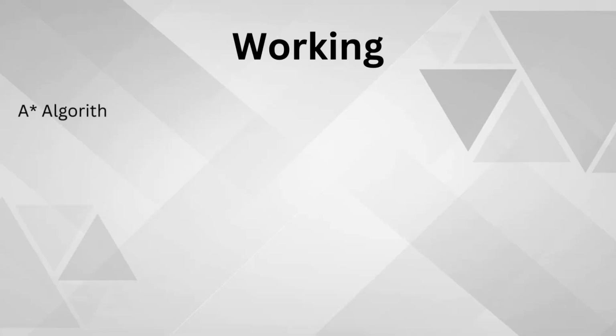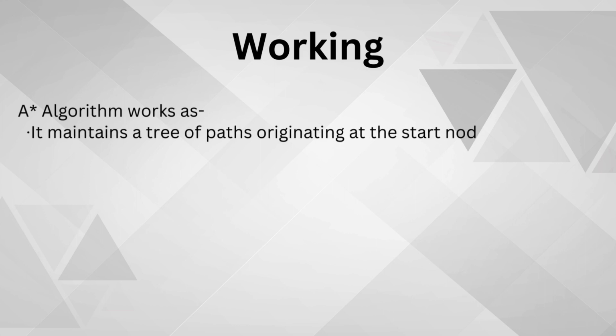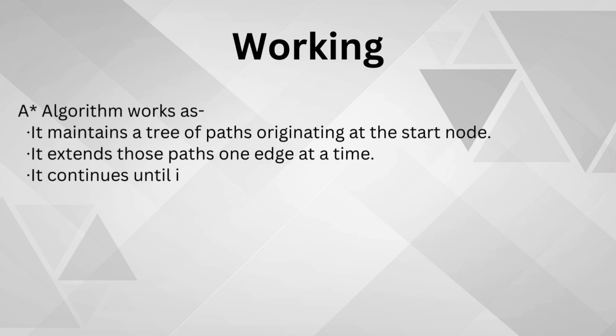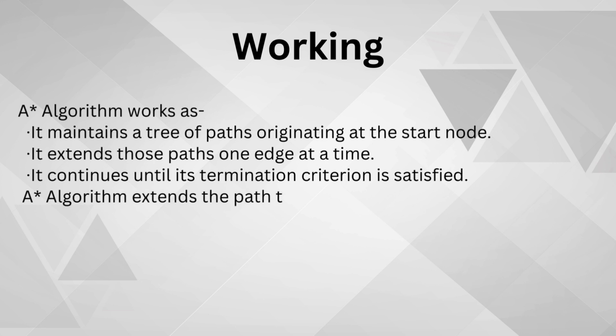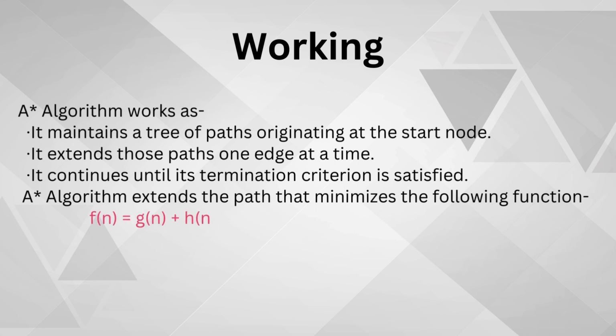A star algorithm works as it maintains a tree of paths originating at the start node. Next, it extends those paths one edge at a time. Next, it continues until its termination criterion is satisfied.